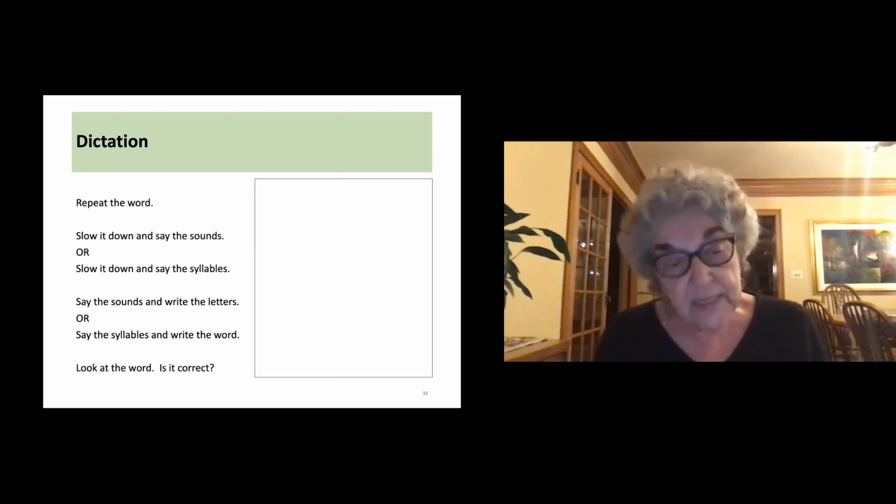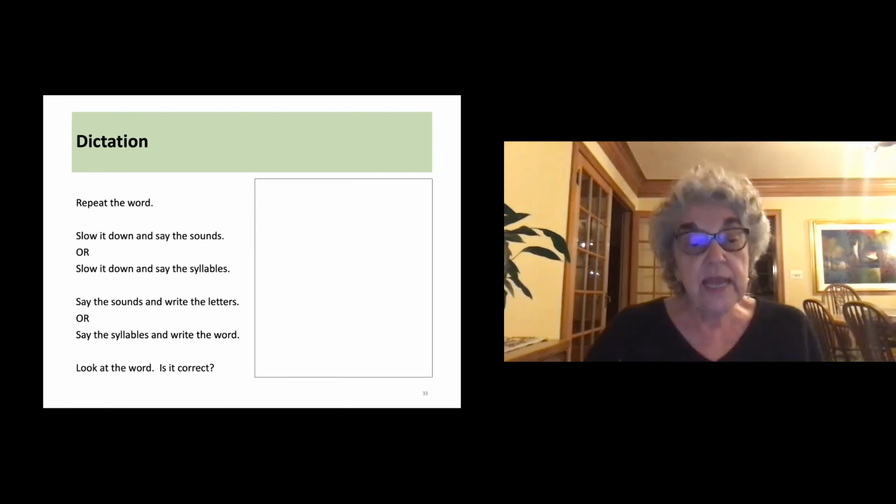If it is a multisyllabic word, we slow it down and say the syllables. And then the students are going to either say the sounds as they write it or say the syllables as they write it. And then they're going to be shown the word and they're going to look at it and compare it. If it's not correct, they're going to cross it out and rewrite it.